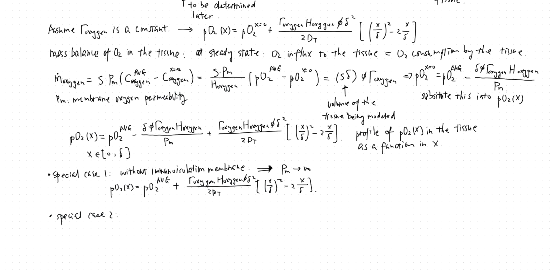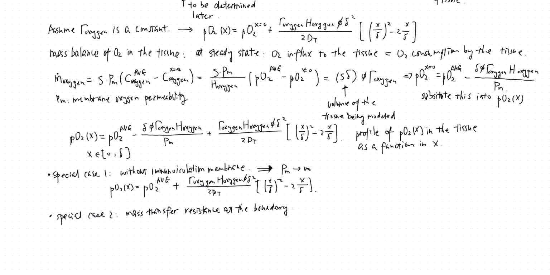So there may be mass transfer resistance at the boundary. The boundary means we do consider a membrane.